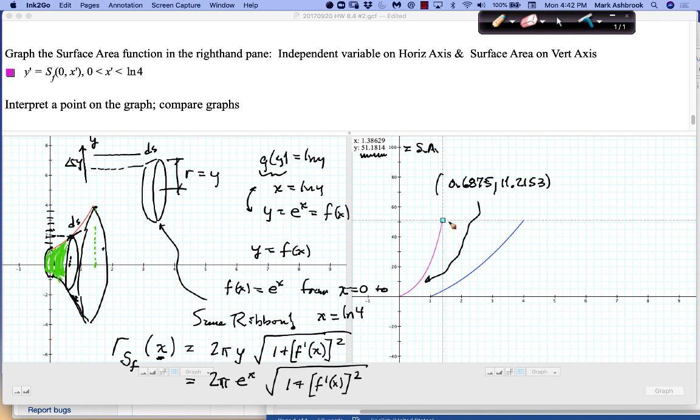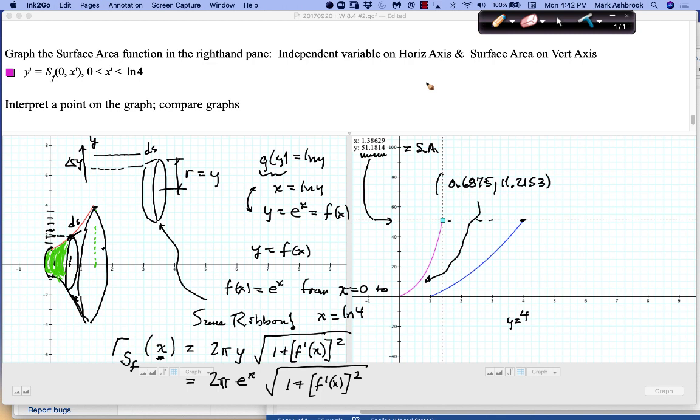Which is the same as what? The surface area when we reached y equals 4, originally, when we did it the other way. So you get the same surface area, 51.1814, when you get to the end of your domain for x, ln of 4, versus when you get to the end of the range or the end of the domain on y, which is 4.